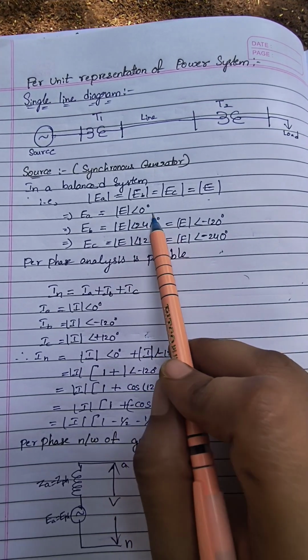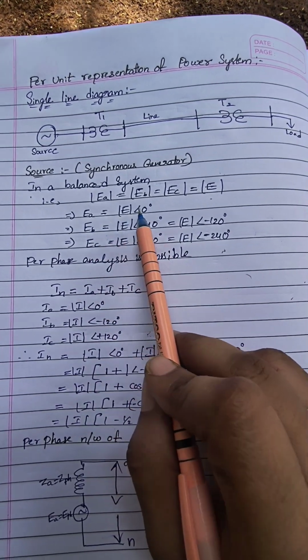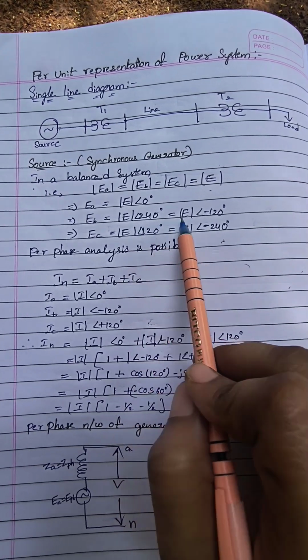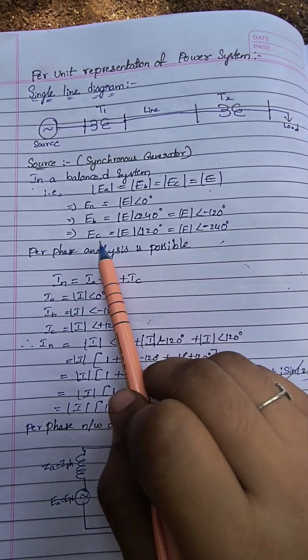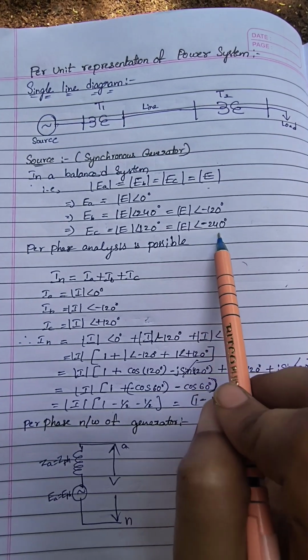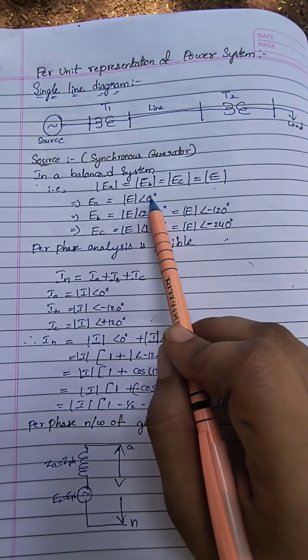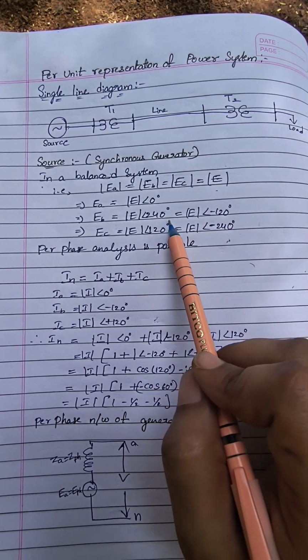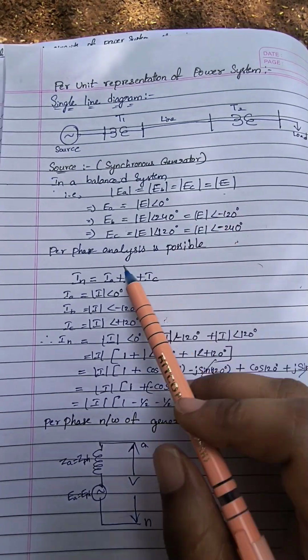EA value is E at an angle 0, EB value is E at an angle 240 degree or minus 120 degree, EC value is E at an angle 120 degree or at an angle minus 240 degree. Because each phase is 120 degree spaced, we get this.